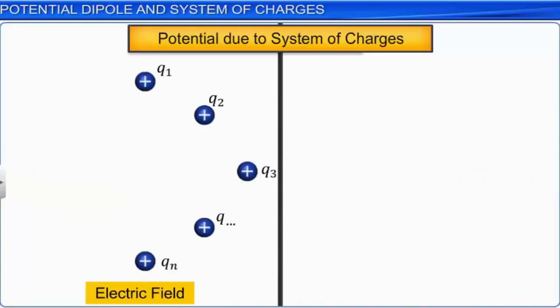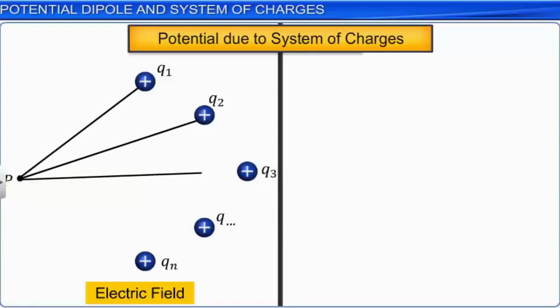Let us consider a point P in the electric field of the charge configuration. Let the distances of Q1, Q2, Q3, and so on up to Qn from point P be R1, R2, R3, and so on up to Rn respectively.